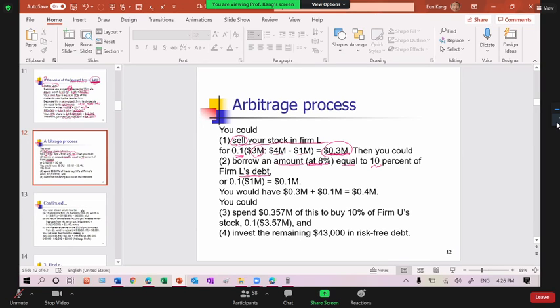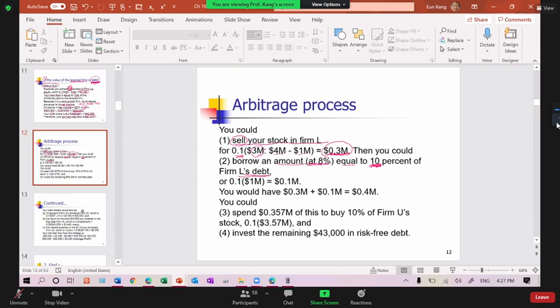So here, you sell your stock and borrow money on the same terms as the company, in the same proportion as your original share, 10%.